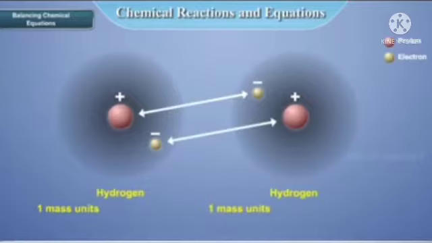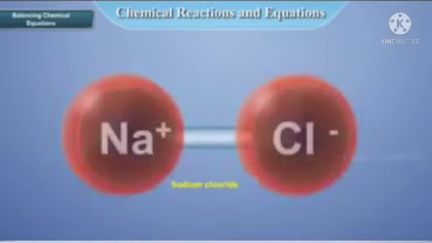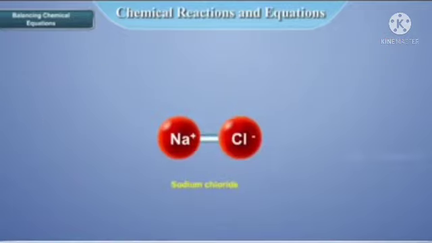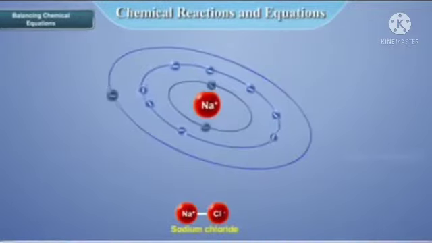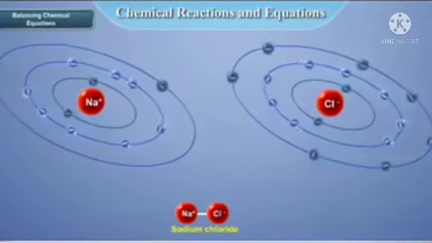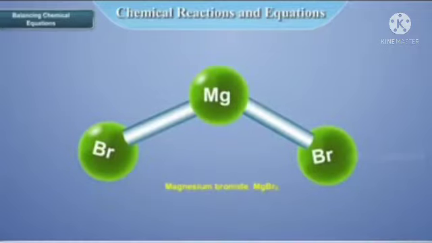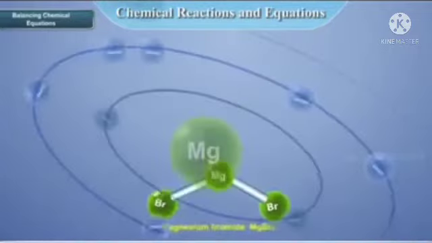A formula unit, as the name implies, is one unit of atom, ion or molecule corresponding to a given formula. One formula unit of sodium chloride, for example, is one sodium plus ion, the cation, and one chlorine minus ion, the anion.